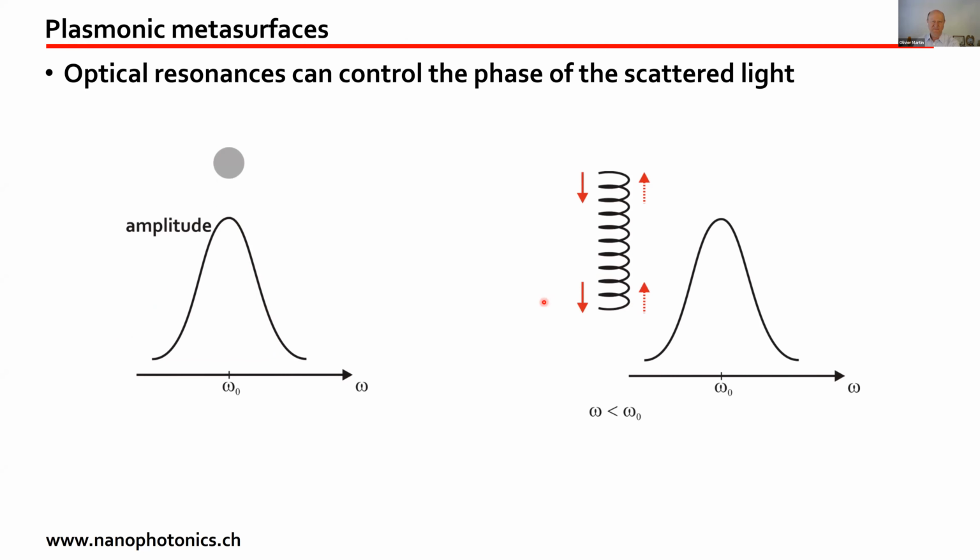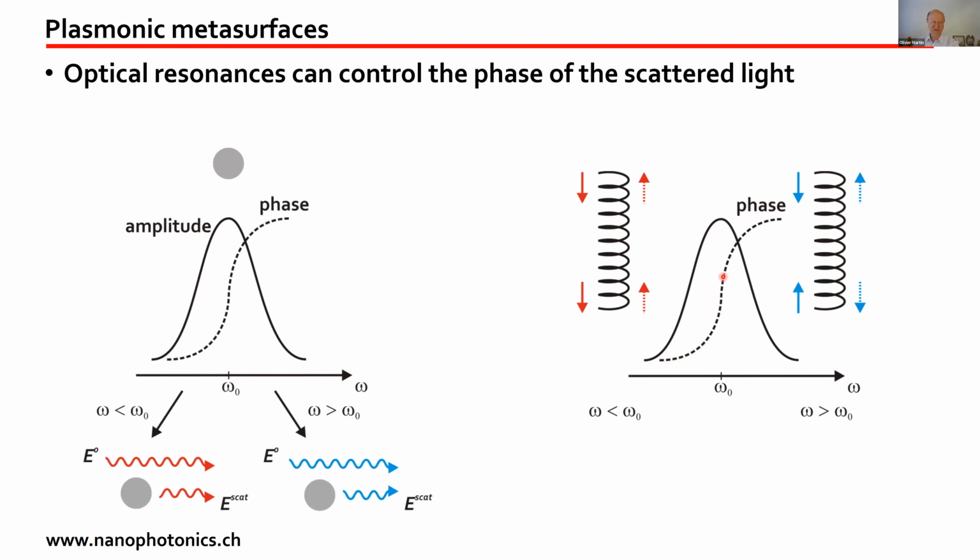Like for the spring at low frequency, when the hand goes down, the mass goes down. When the hand goes up, the mass goes up. If we work on the other side of the resonance at high frequency, when the hand goes down, the mass goes up. And the same is true for light. So there is this phase change as you go through the resonance.